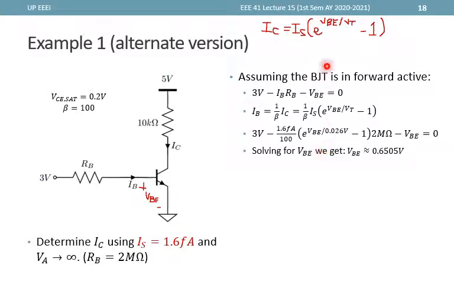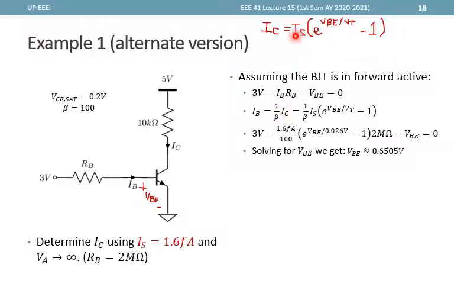Now, this equation was under the assumption that the device is in forward active. And proceeding, we can solve for, say, IB. From this side of the circuit, we have 3 volts minus IB RB minus VBE equals 0. Since we are assuming forward active, IC is equal to beta IB, so IB is 1 over beta times IC.